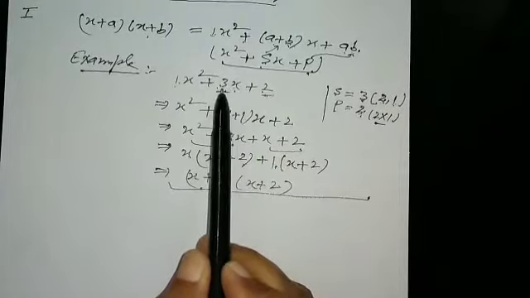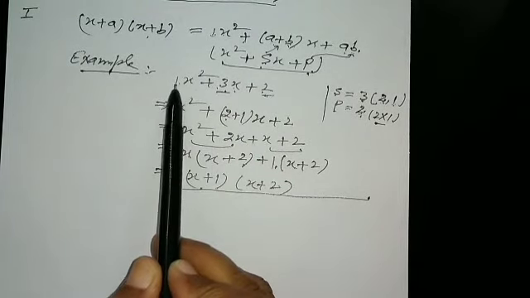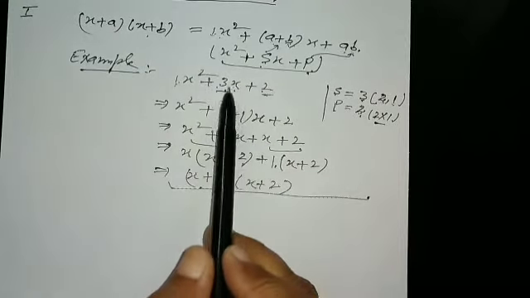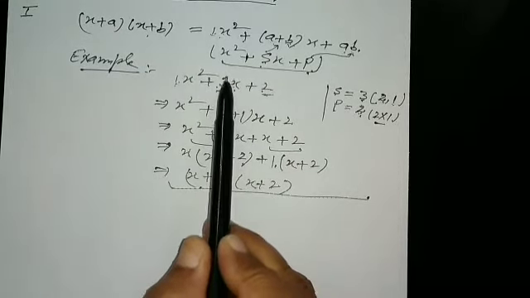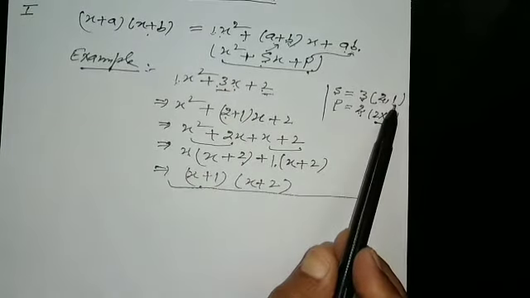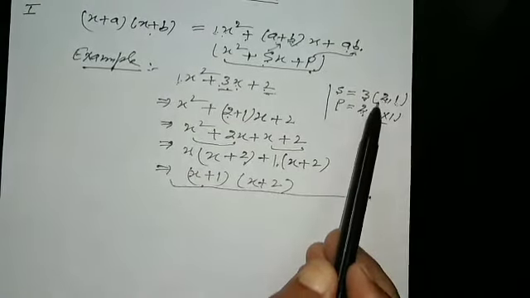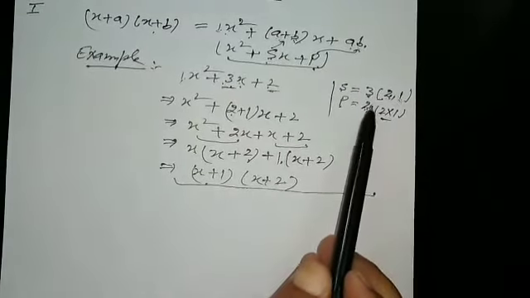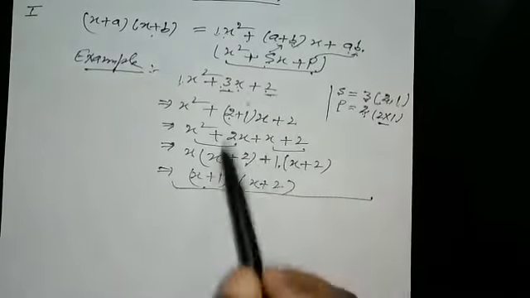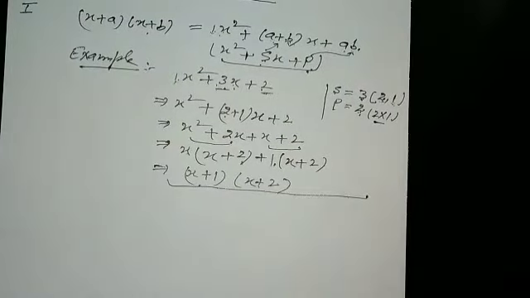I again repeat, here the coefficient must be 1 according to this identity, right? Then the coefficient of x, take this value and break it into two values. What is the condition? That two values must have product equal to this value, right? So you can factorize. This is the way, right?